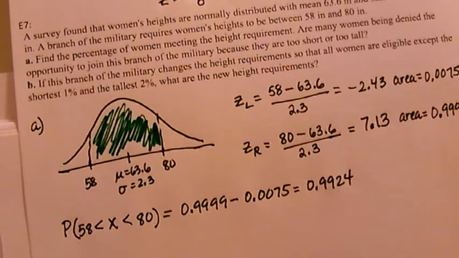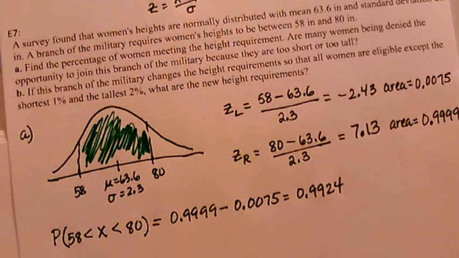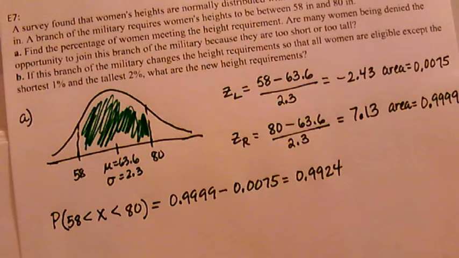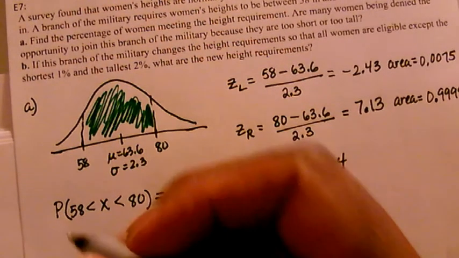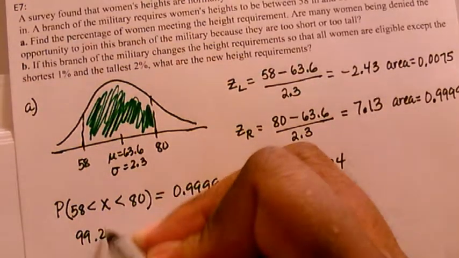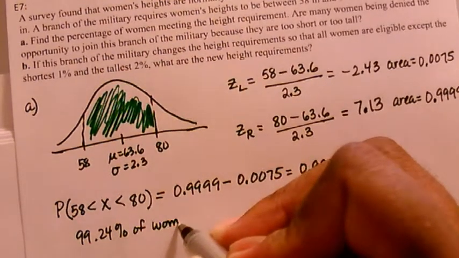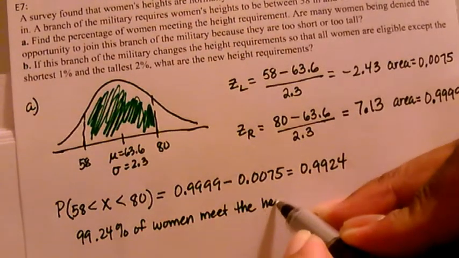So in this case, the probability that a female's height in the military is between 58 and 80 inches would be 0.9924. Okay, so in other words, 99.24% of the women meet the height requirement.